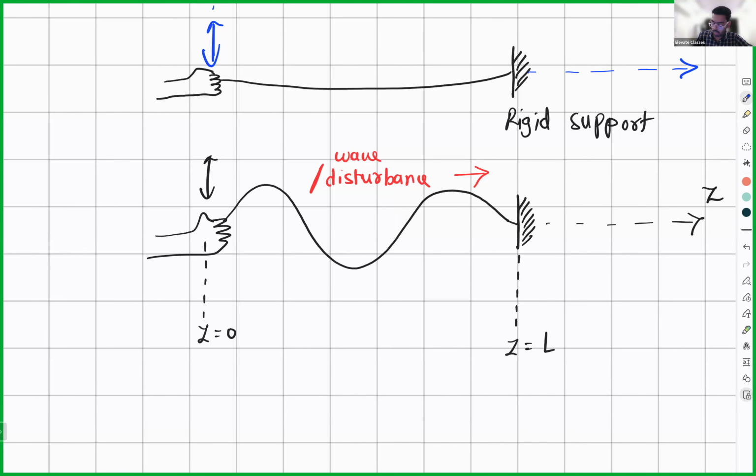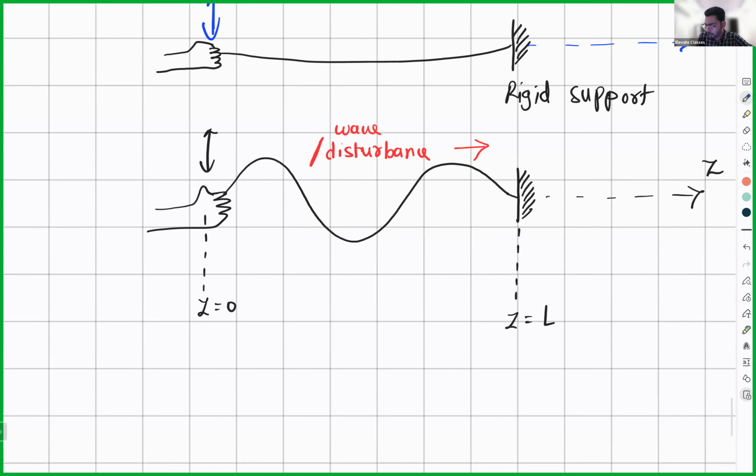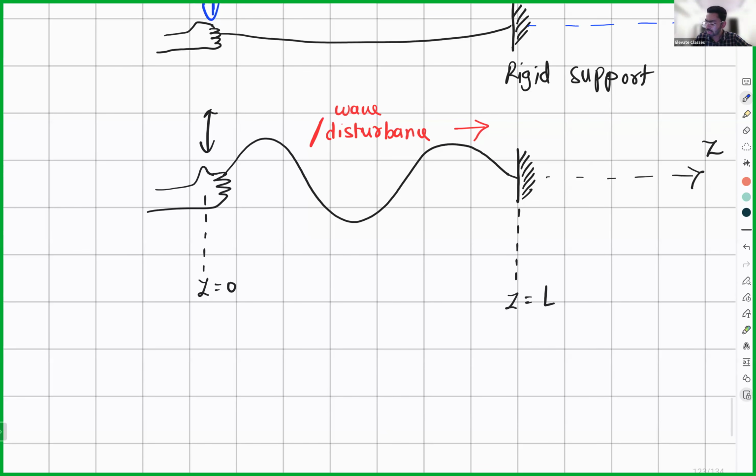There you see that different particles on the string are oscillating with different phases. Some are having zero displacement, some are having maximum displacement. This has a maximum displacement of, let us say, A, and some are having some general displacements.